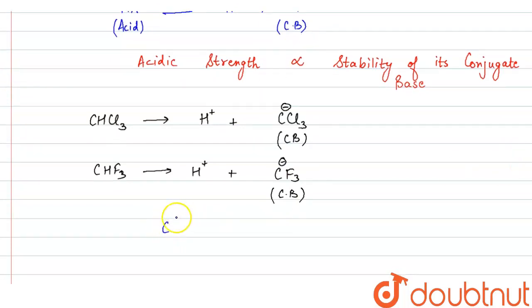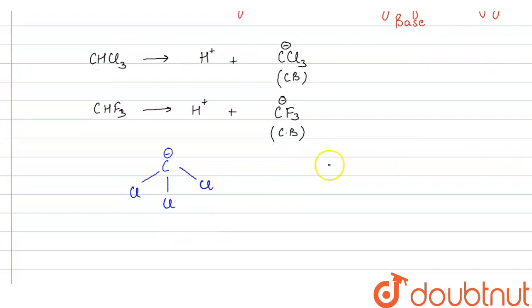So we have CCl3 negative, and we have CF3 negative. Here in both the conjugate bases, carbon has one lone pair.